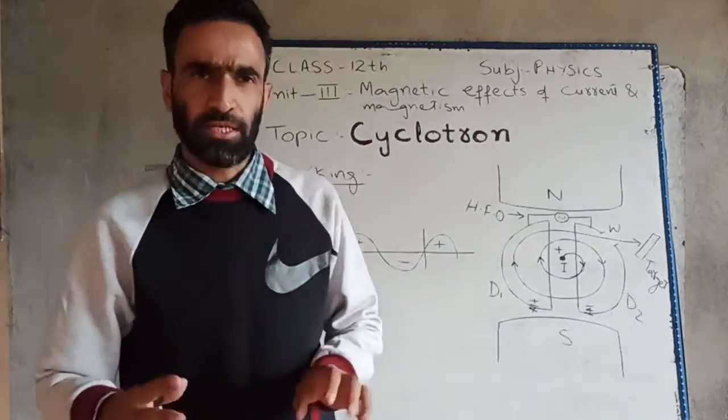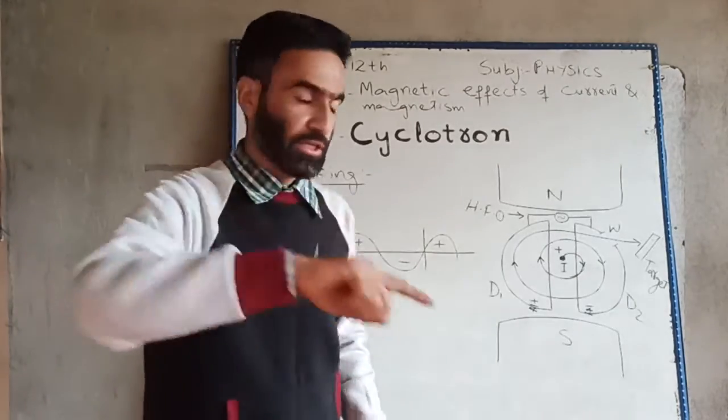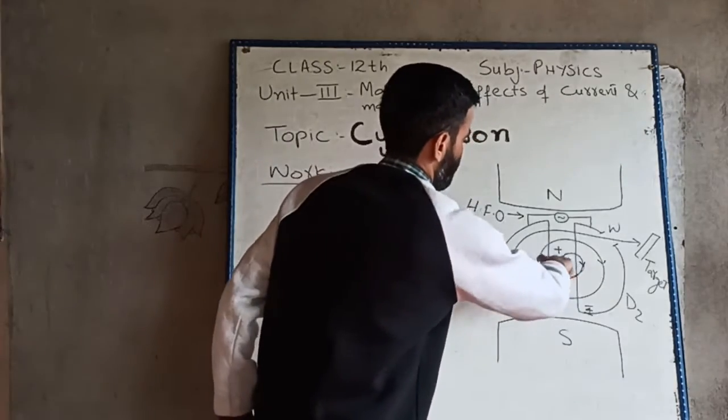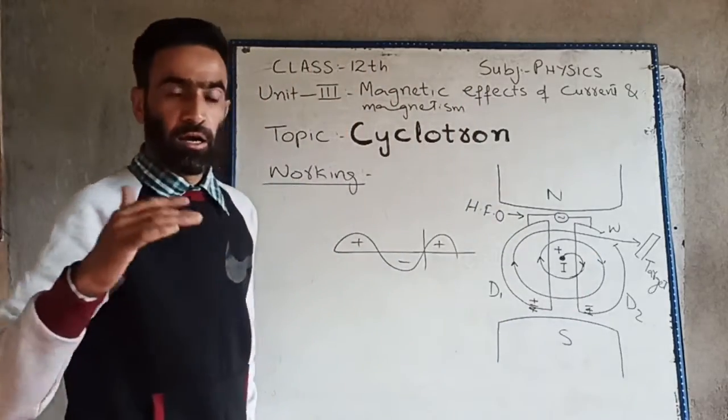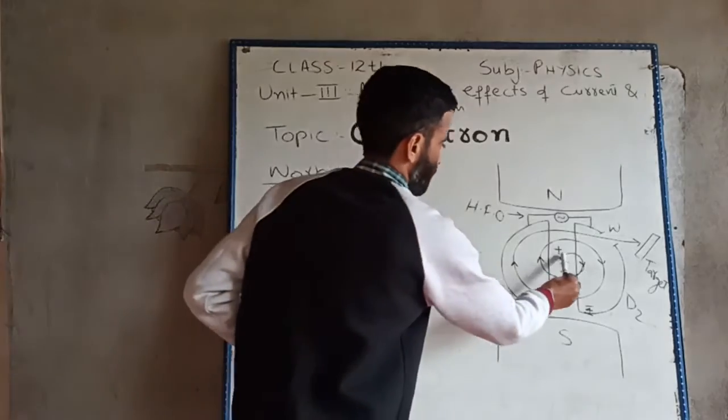So it is clear that in every cycle of this input AC, the charged particle will follow a circular path, and in each cycle, the radius of this circular path goes on increasing, right?